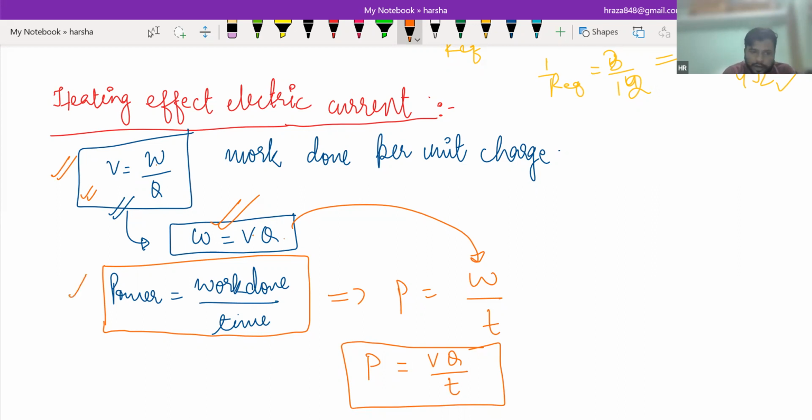Now we already know from class 9th, in the chapter work, power, energy, power is work done per unit time or energy per unit time. So P is equal to W by T, and W has a formula from this chapter, V into Q. So I just put the value of W, and P is equal to VQ upon T. Is that clear, everyone?